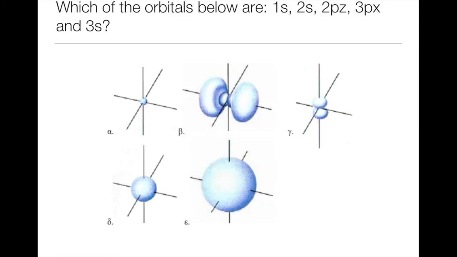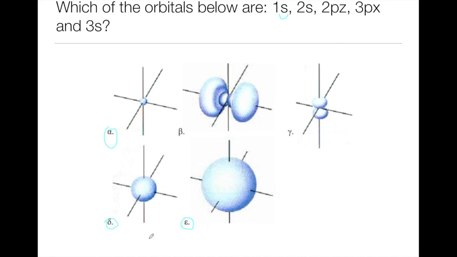First of all, which of the orbitals below are 1s, 2s, 2pz, 3px, and 3s? First of all, let's find out the s's. I've got 1s, 2s, and 3s. Okay, I remember that the s orbitals have a spherical shape. So first of all, I'm going to see which have a spherical shape. A, D, and E have a spherical shape.